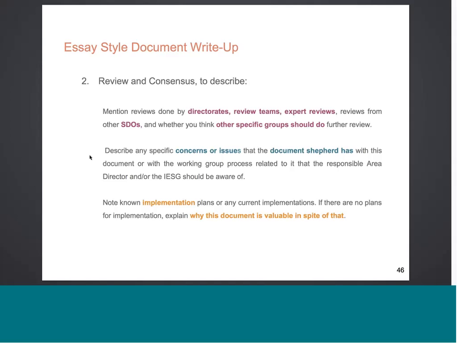So you want to note whether or not there are any implementations and put that in here. One thing that will help is there's an experiment going on right now where rather than doing implementation reports as separate documents, there's an implementation status portion of every RFC. And I think that's a good thing to add, especially to ones that have significant protocol enhancements.